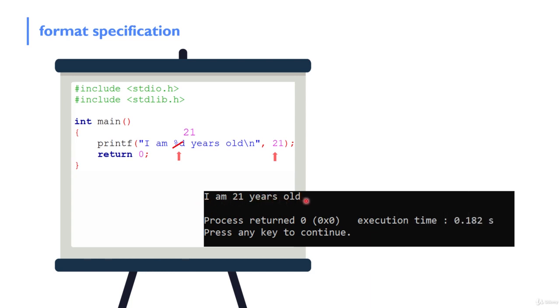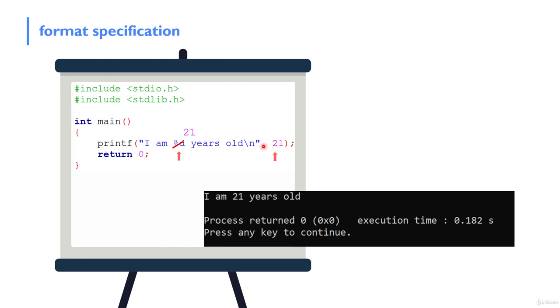We simply try to print the text that is within these double quotes, and we just need to replace these occurrences of percentage something, %d or percentage something else, with the corresponding value coming right after the double quotes, right after this first comma. Good. First of all, it works, and that's also an accomplishment, right?